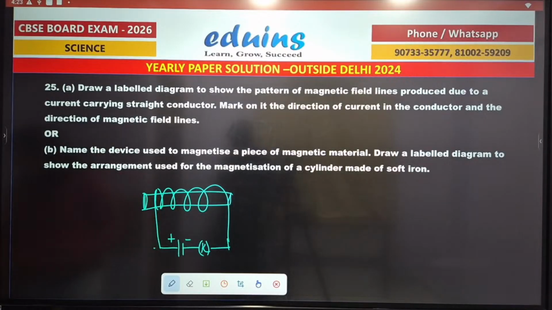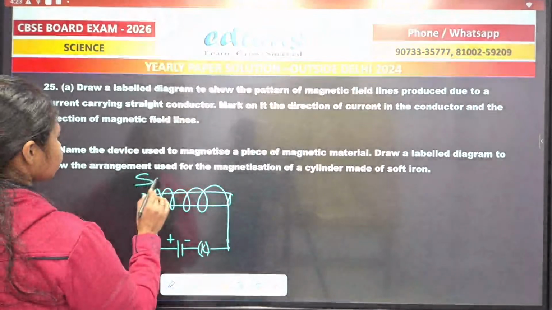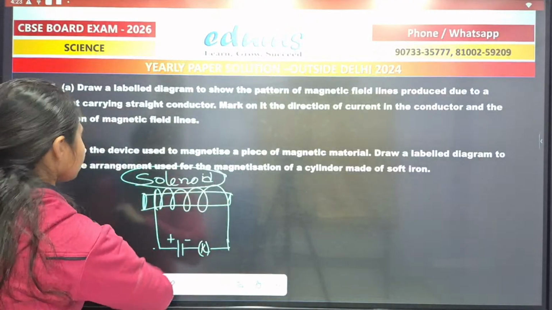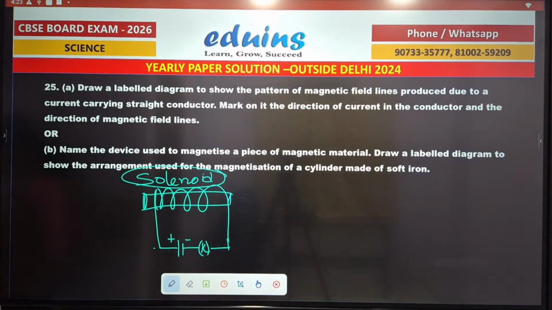Yes, this is the solenoid. So what is a solenoid? Can anyone give me the answer? What is a solenoid? Anyone from the comment section? Okay, a wire wound in helical shape is a solenoid. So this is the answer.